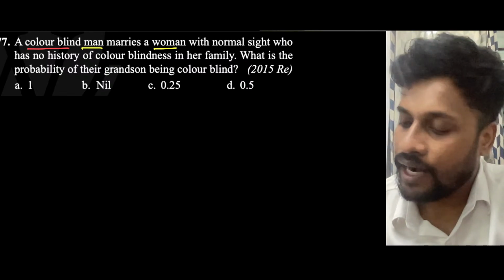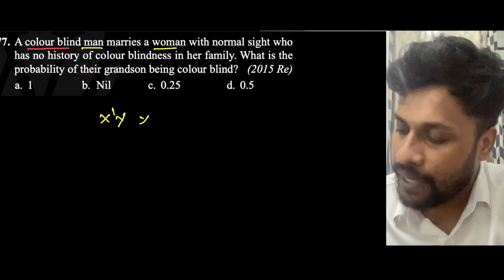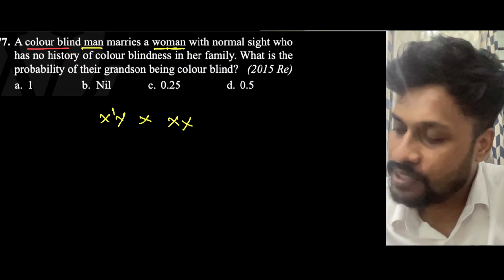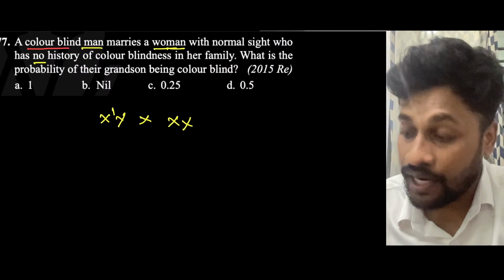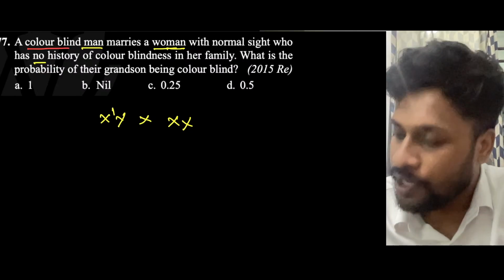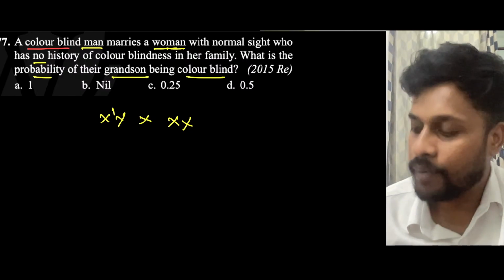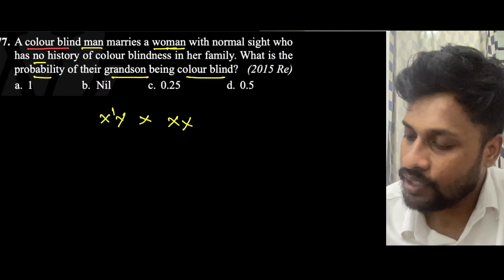So here, colorblind man, which means X dash Y, marries a woman XX with a normal sight who has no history of colorblindness in her family. Now, what is the probability of grandson being colorblind? Let's see.